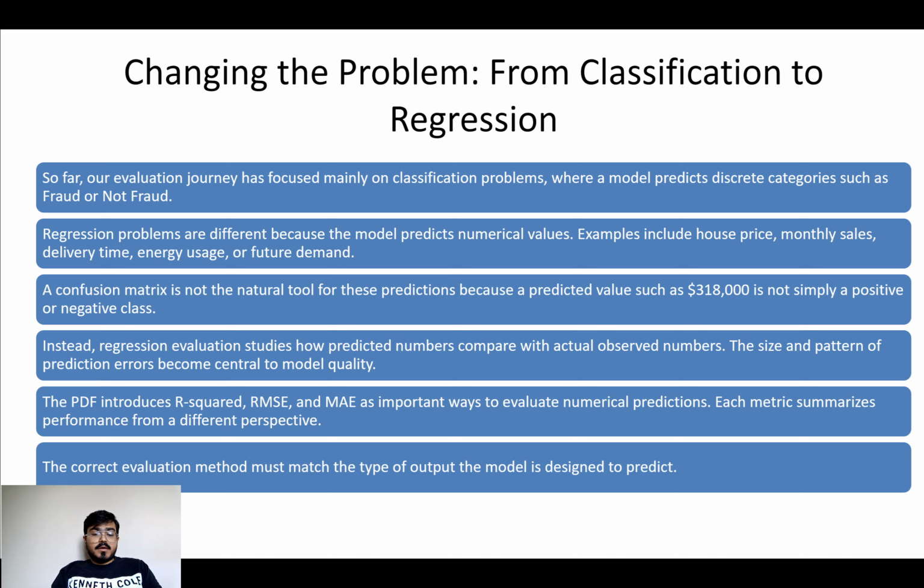Rather than counting correct and incorrect classifications, regression focuses on the size of the prediction error. This is why regression uses different evaluation metrics, including MAE, RMSE, and R squared. In the next slides, we will learn how each of these metrics measures and helps us evaluate a regression model.